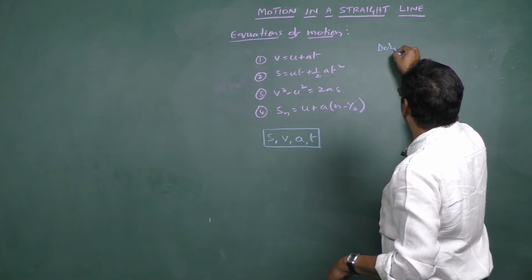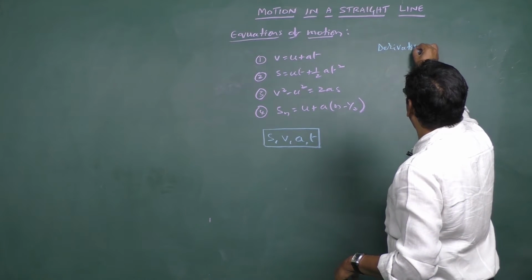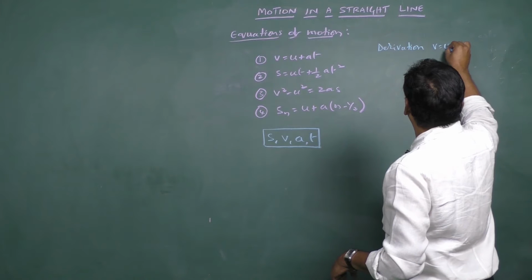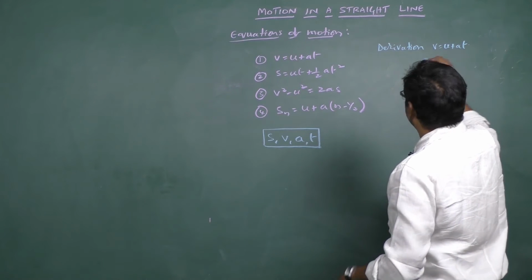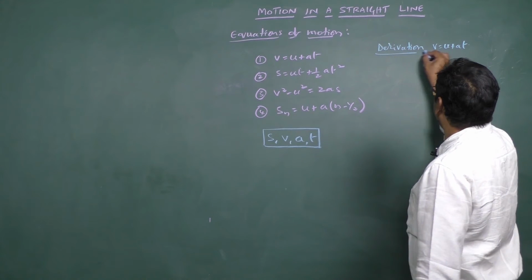Derivation of v is equal to u plus at. Here, how can it be derived?